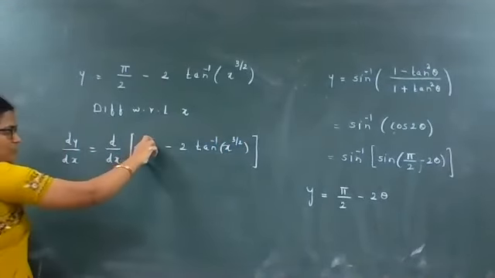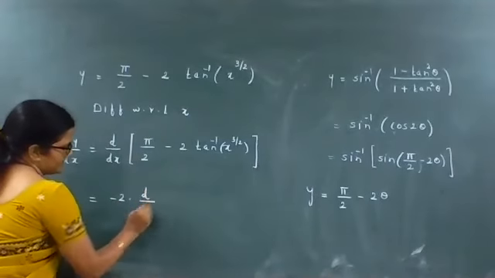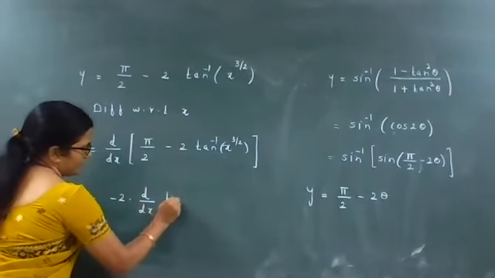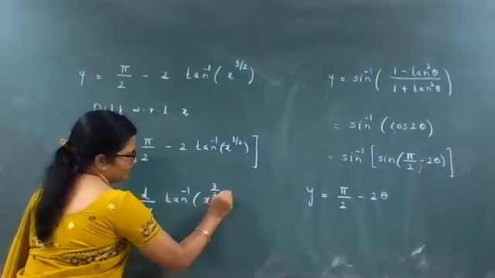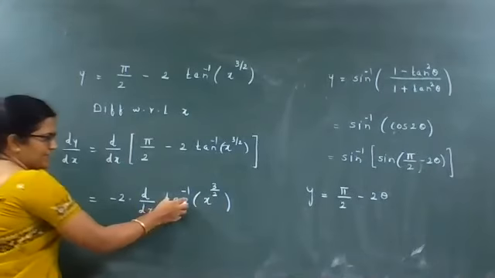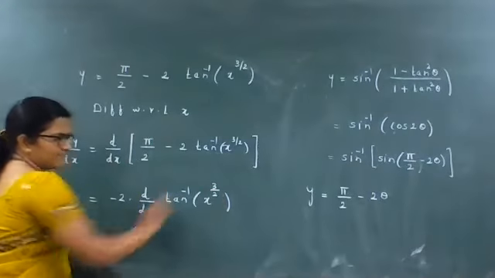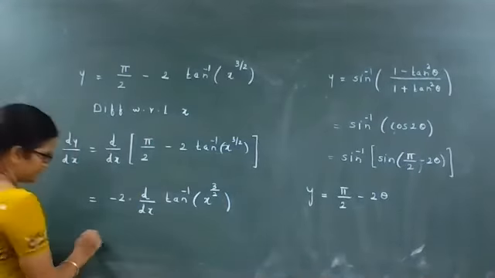Derivative of pi by 2 is 0, minus 2 into derivative of tan inverse x raised to 3 by 2. Keep in mind it is not tan inverse x, it is tan inverse u. Minus 2 as it is 1 upon 1 plus x raised to 3 by 2 whole square.